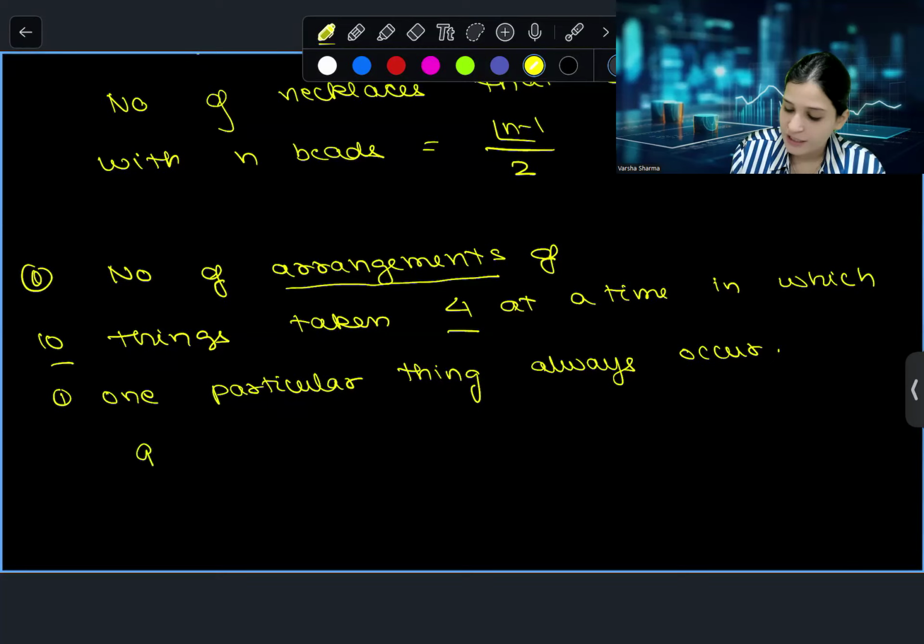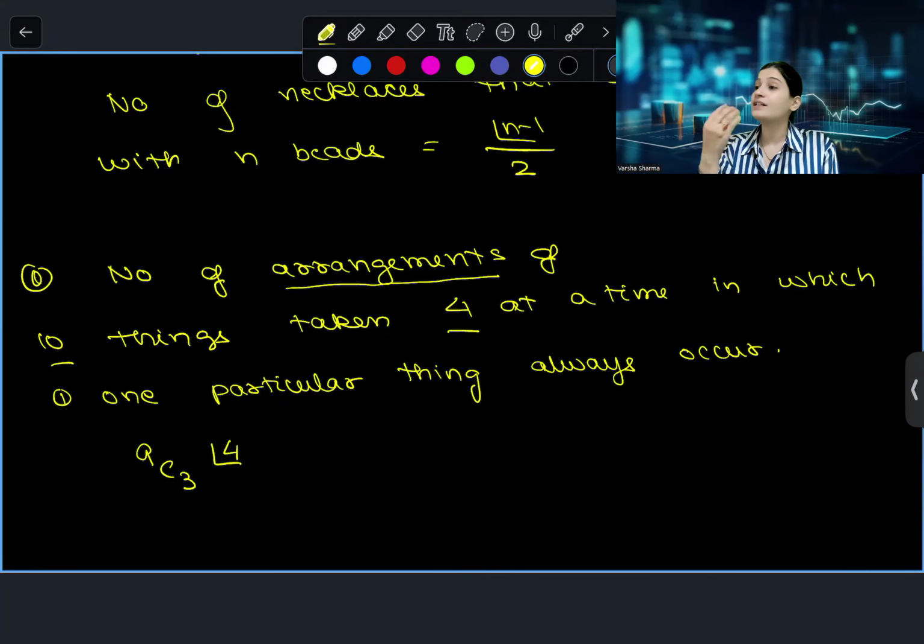So that already selected person and these 3 people, total 4 people. Now these 4 people have to be arranged. So factorial 4. Am I clear? Here you cannot write 9P3, because that means you're only arranging those 3 people. The remaining 4th person is not arranged. So that's wrong. So you first do the selection and then arrange all of them together.